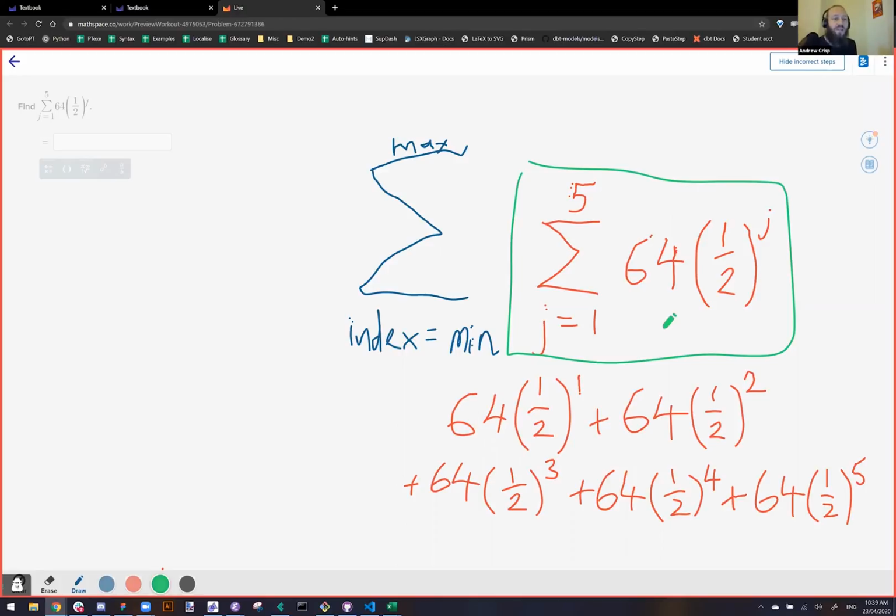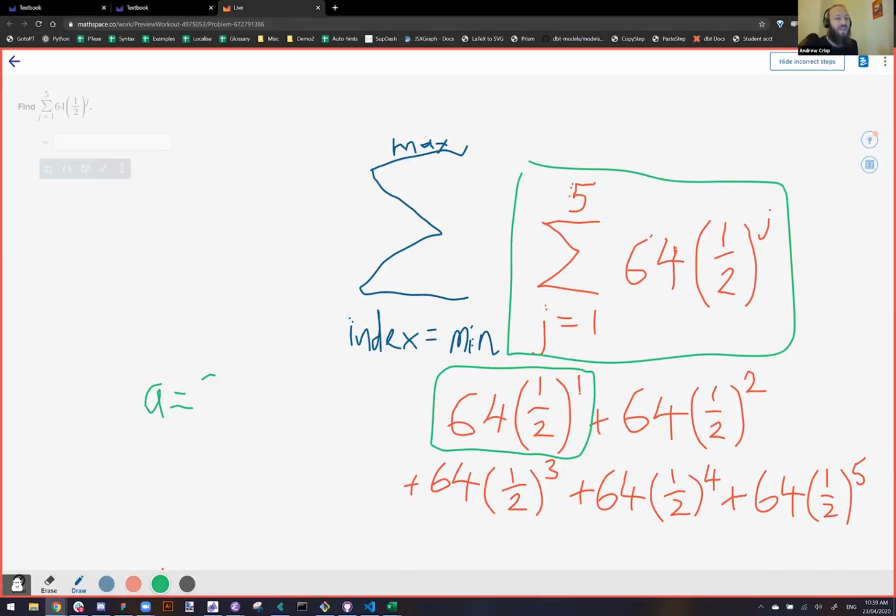So what's the initial term? A equals. Now this is where we can easily trip ourselves up. You might think that it's 64, but it's not. The first term is the first term as it appears in the series. So the whole thing, 64 times a half, is the first thing here.